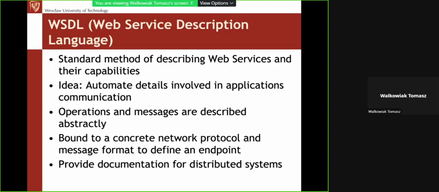It's like an interface in the sense of programming languages, and in each compiled, heavily typed language there are automatic conversions from interfaces into WSDL and vice versa. So from a high level, it is a kind of documentation for the distributed system.